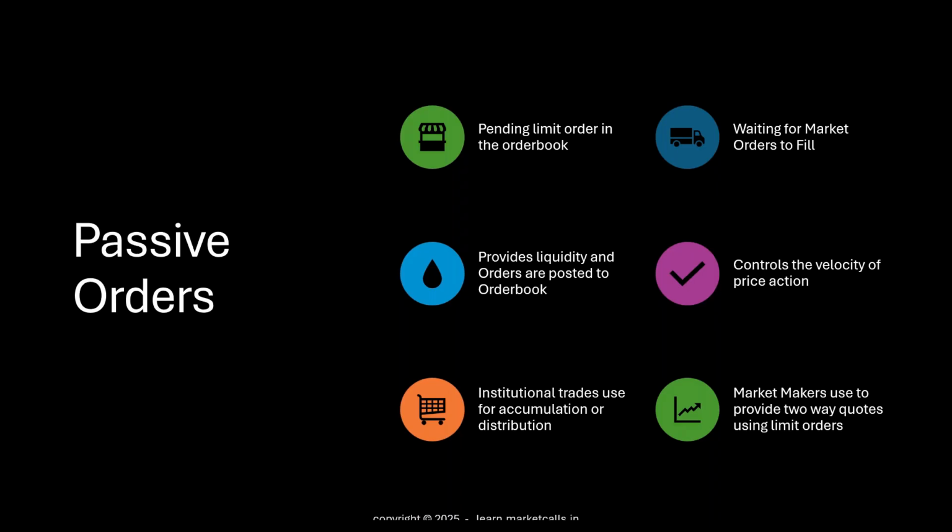And market makers provide two-way quotes on a daily basis. Whoever you are seeing on the order book, most of the time, 80% of the time, they are market makers' quotes. They will be providing quotes on both sides, the buy side and the sell side.